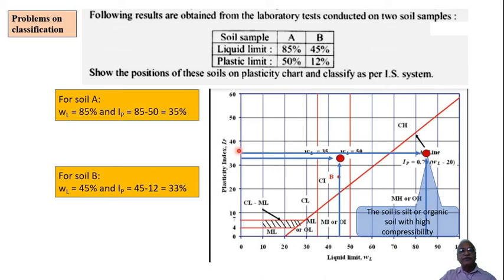So 45 and 33. This region is meant for CI because it is between 35 and 50 and above the A line. So the classification is that the soil is clay with intermediate or medium compressibility.